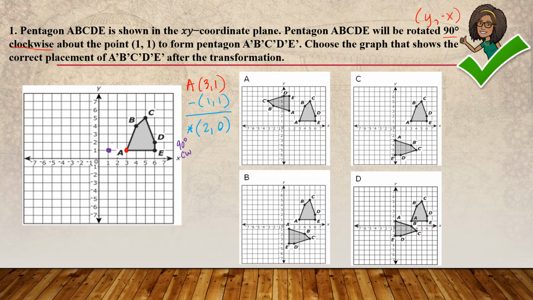When we apply that rule, we switch the 2 coordinates, and then the x is now going to be negative. So my 2 is now negative and my 0 now becomes the first coordinate. That's our rotation application: (0, -2). Now, because we subtracted that point (1, 1) from the original, we have to add it back to see what our new point is going to be.